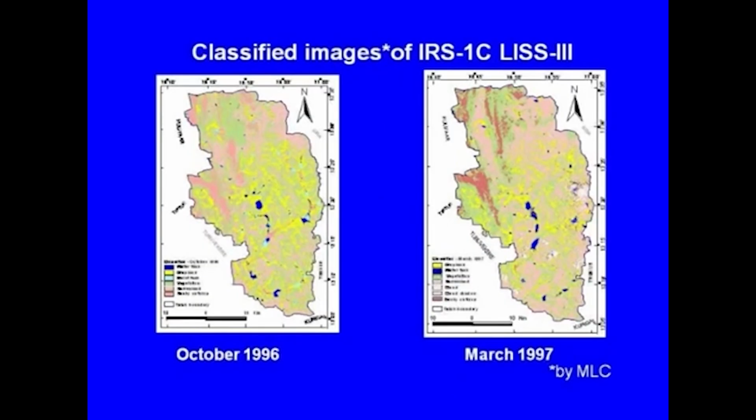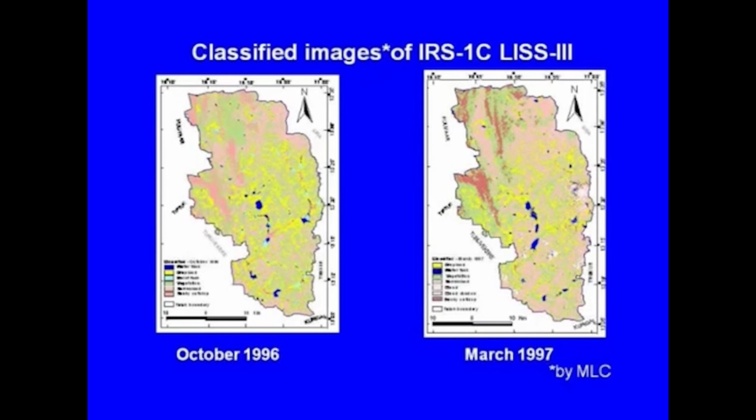So, on the basis of the approach as discussed just now, the land use land cover maps of different time frames are shown in these two slides, which highlight the different types of information which is available here. The information which may be of interest could be the location of the surface water bodies.